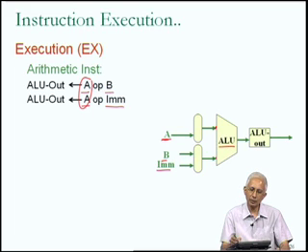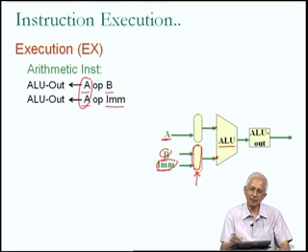But the lower input comes either from B or from IM, and this piece of hardware over here has to be a piece of hardware which can be controlled by the decode hardware in the previous stage, so that the appropriate selection is made between B or IM and only one of them goes to the ALU. So, in the previous stage there was logic circuitry which was decoding the instruction, and part of that logic circuitry would trigger this particular piece of hardware to select the correct one from among B and IM as the second input to the ALU.